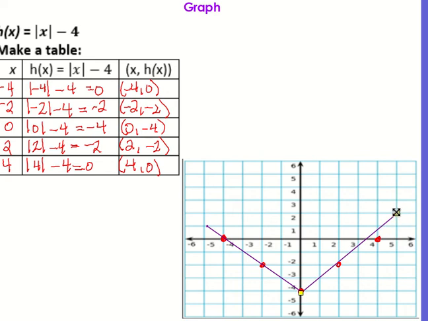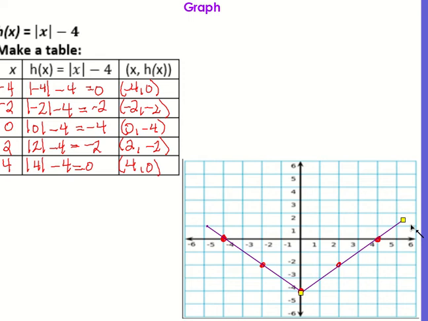My A is 1. So all that's happened is my vertex has been shifted down. Okay, because of that -4. Just like when we had a -4 for my y-intercept, it's just a shift, right? It's a shift down because it's -4.